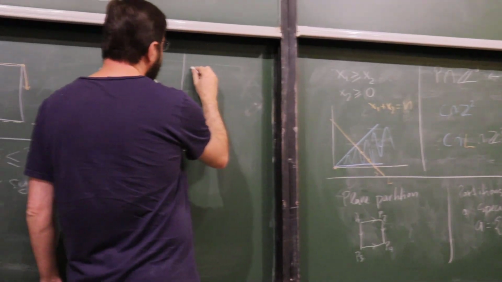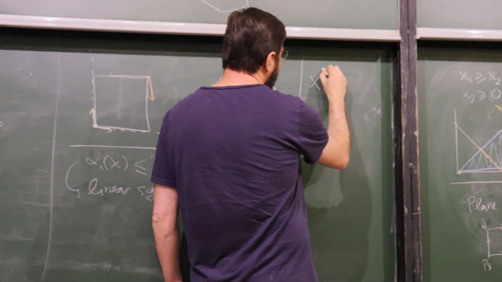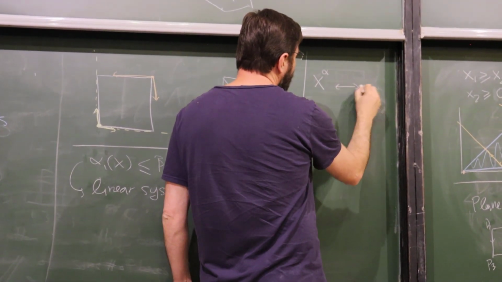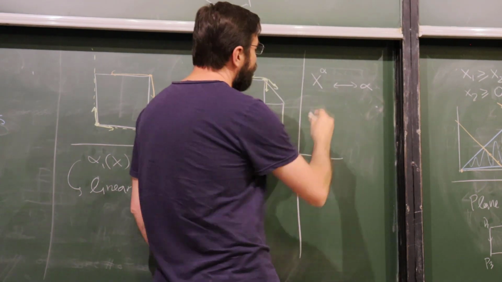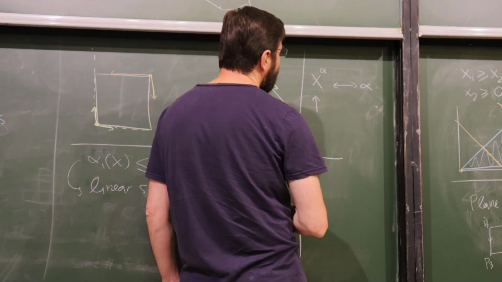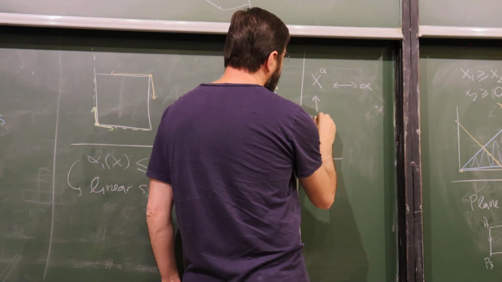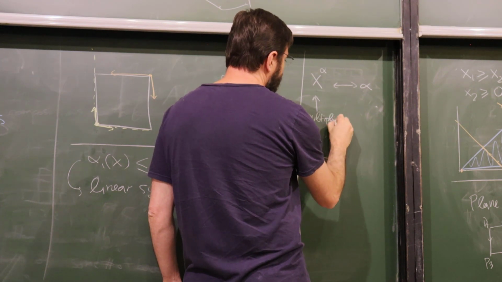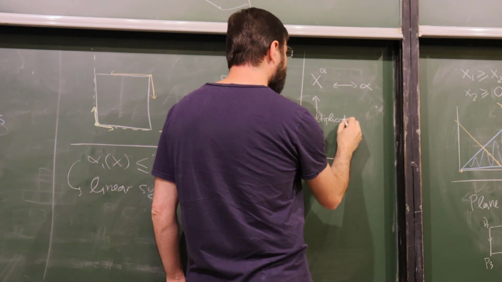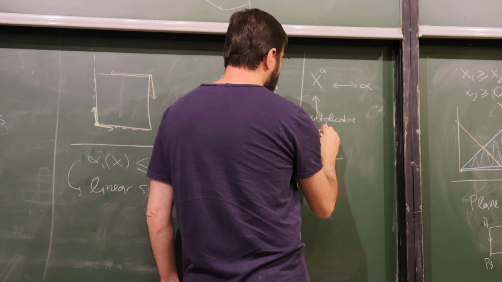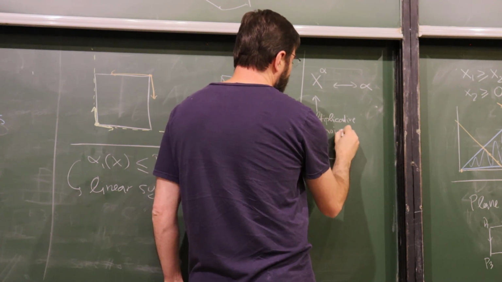If you have this, this is a multiplicative monoid, right?